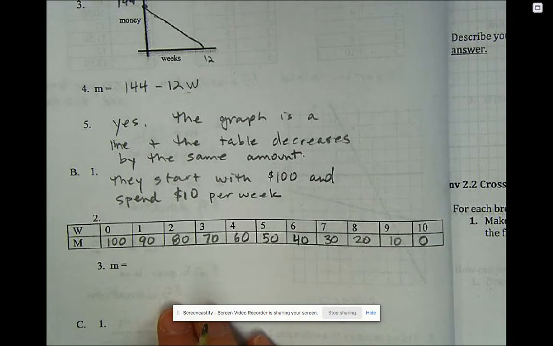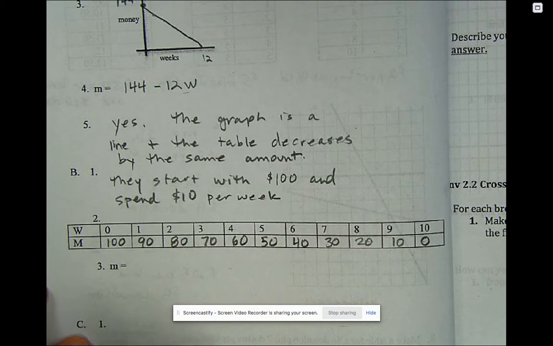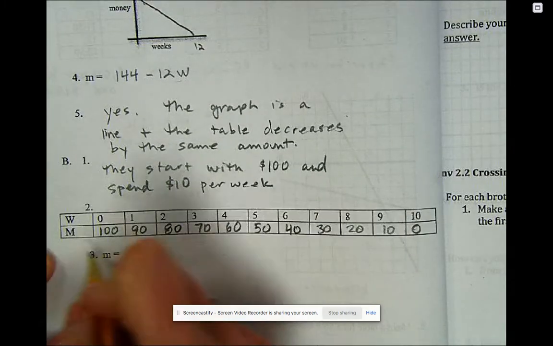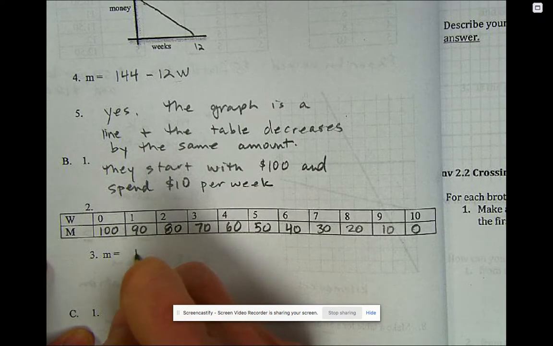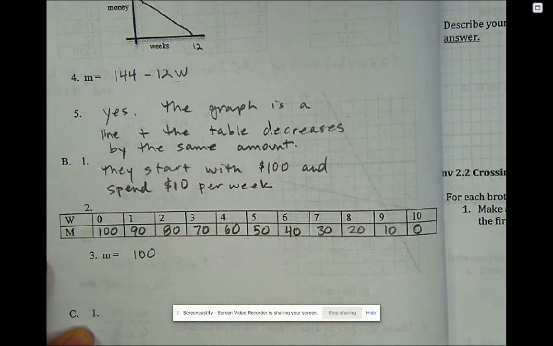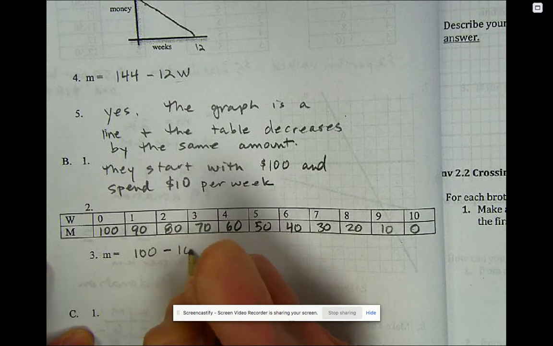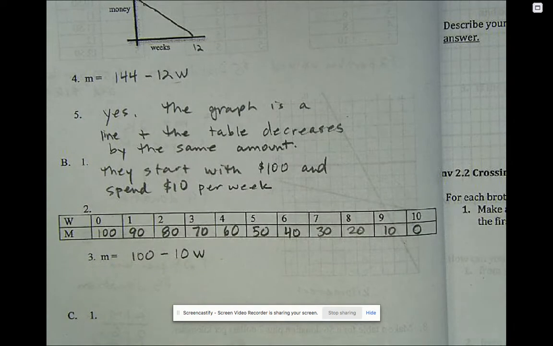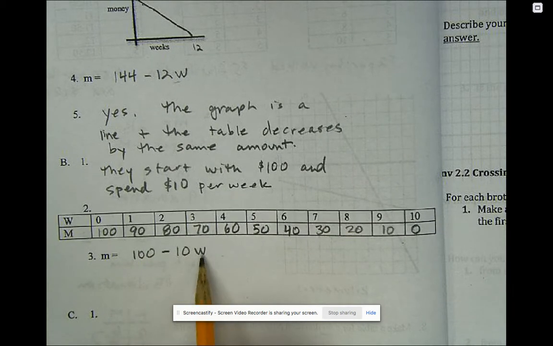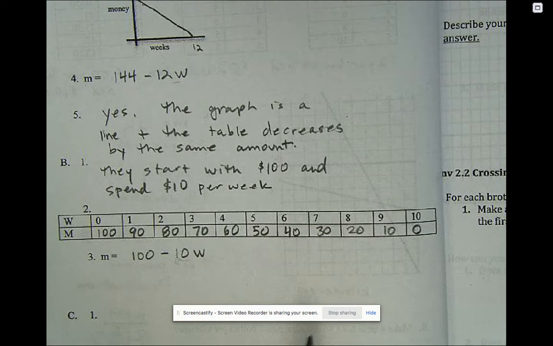Okay, so write an equation that models this. Okay, so it's weeks and money. So the money, they're going to start with $100, but instead of adding, they're subtracting $10 per week. Okay, so $100 subtracting $10. So after 4 weeks, we'd subtract 40, so 4 times 10 from that amount.